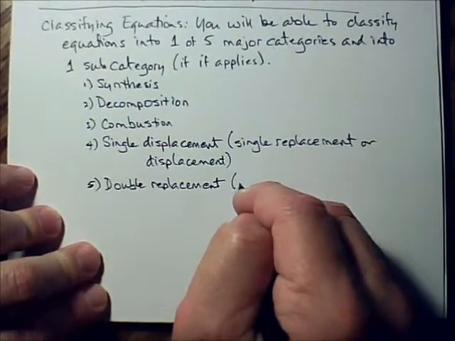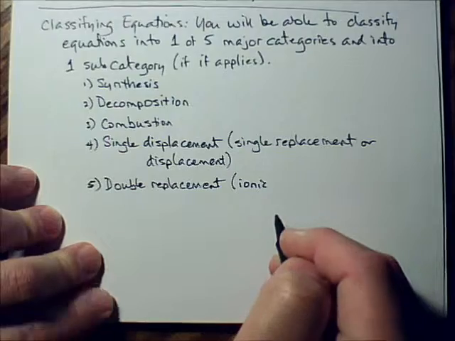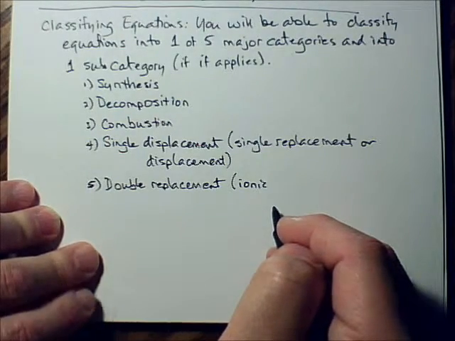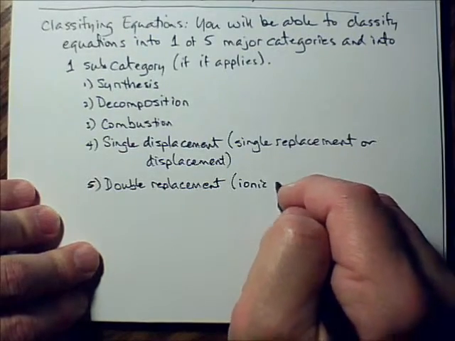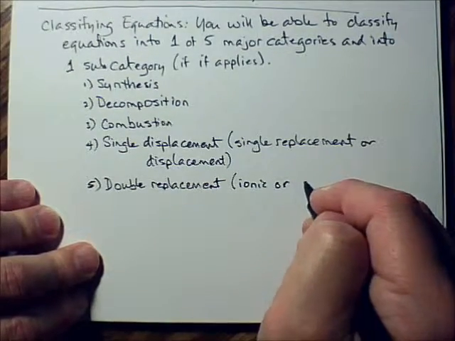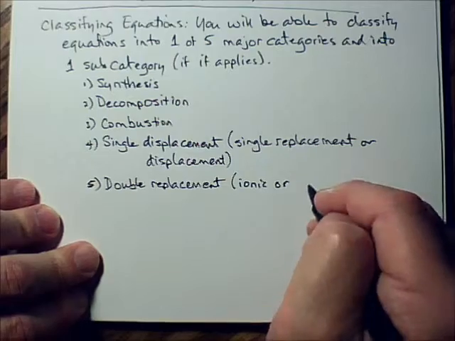They sometimes call these ionic, and sometimes they also call them precipitation.